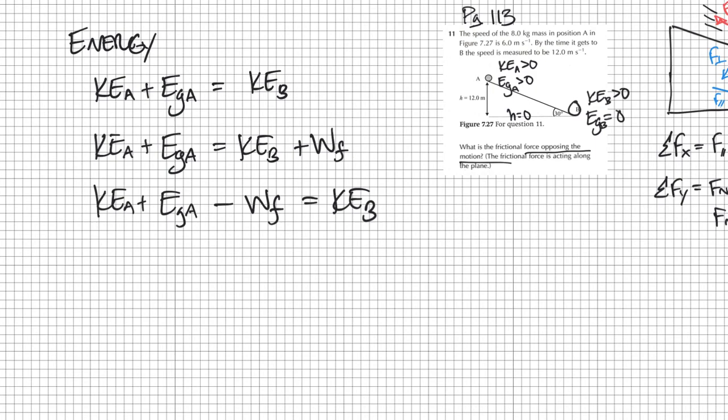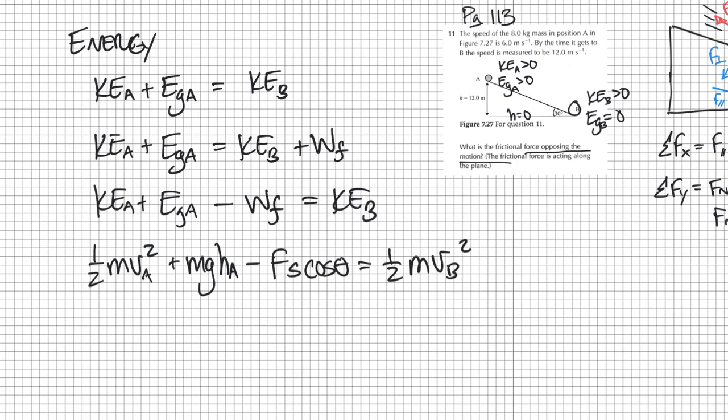So I'm going to just go with what we got. So we have 1/2 m v squared at A plus m g h at A minus work, which is force times displacement times cosine theta, equals 1/2 m v_B squared. All right.